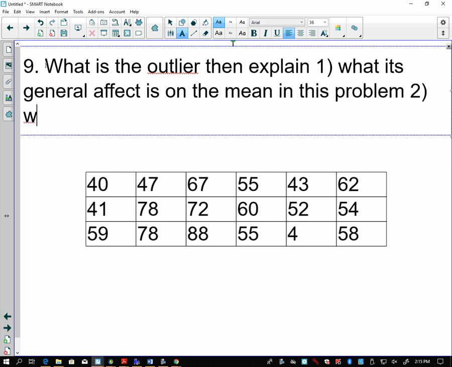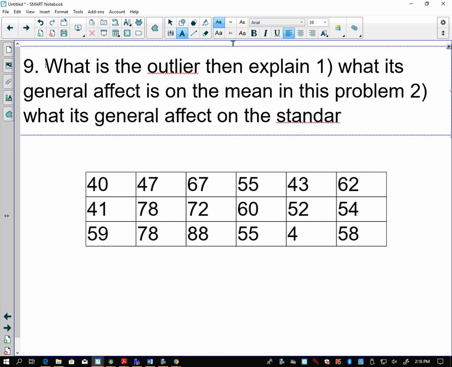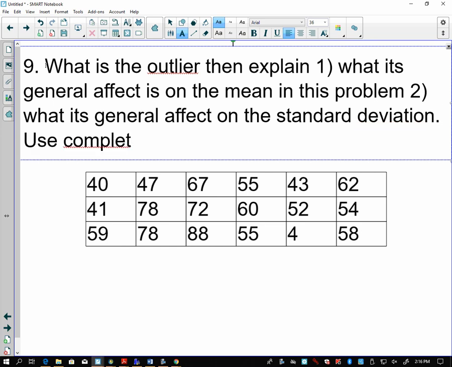And 2, what its general effect on the standard deviation is. You want to use complete sentences. Okay, so this is what I'm looking for in this.